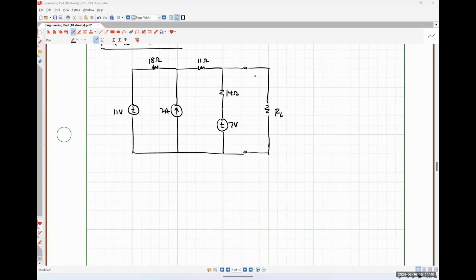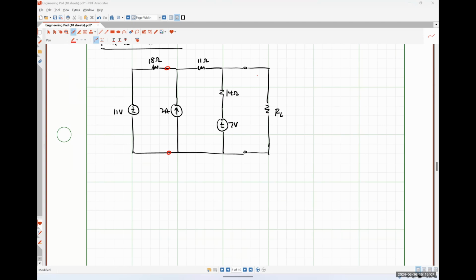I would start for sure by doing a source transformation on the practical voltage source on the left-hand side of the circuit. The reason is that in order to do 21, we're going to have to do 20 anyway, so we'll knock them both out.